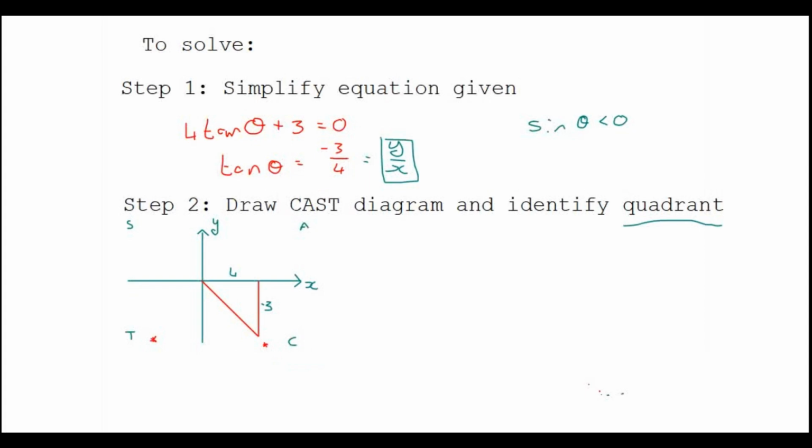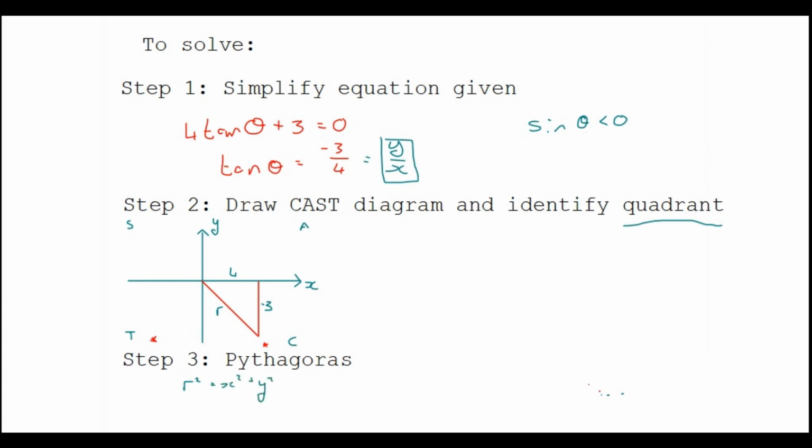Now we have labeled our triangle and we need our r. r is something that is missing. We need to complete the triangle, always complete the triangle. And in order to get your missing radius, we have a fantastic mathematical invention known as Pythagoras. Pythagoras, you should remember from grade 9, says to find r squared, you say x squared plus y squared.